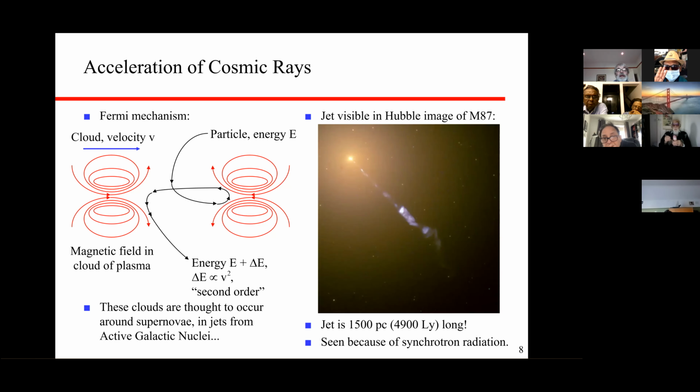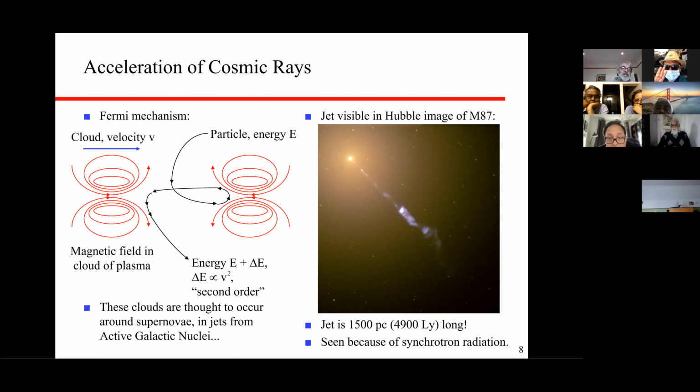So we've said that cosmic rays can have absolutely astonishing energies. How could that possibly happen? Well, we think the basic idea is that the acceleration happens through what's called the Fermi mechanism. So we think that in various environments in the universe, there are clouds of ions and electrons, so-called plasma, and within these plasmas, because the ions moving in the plasma generate an electric current, which makes a magnetic field, you'll have a magnetic field.